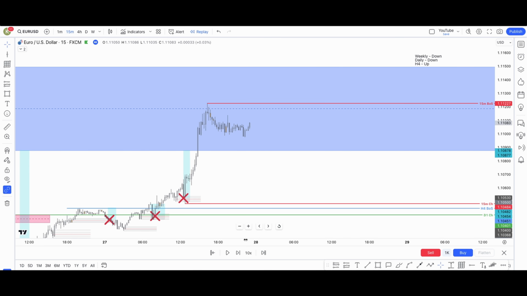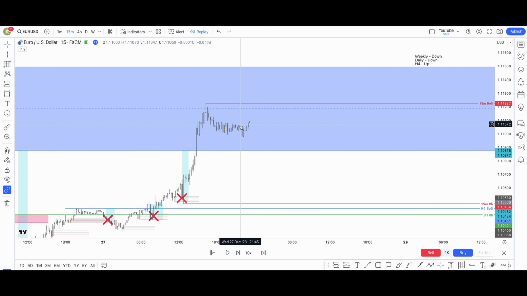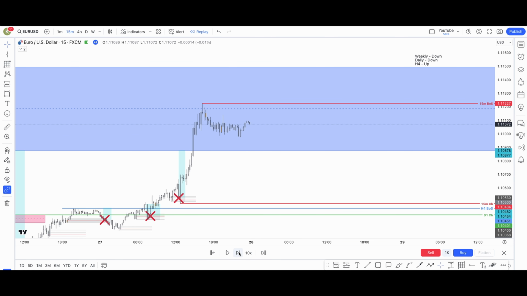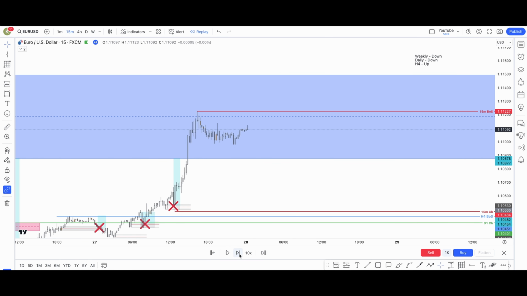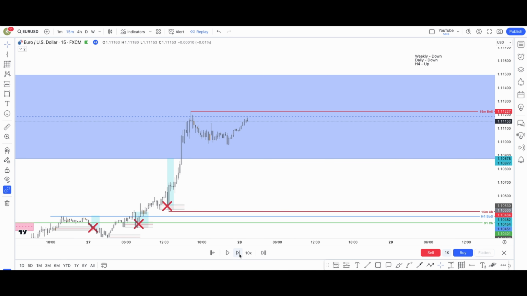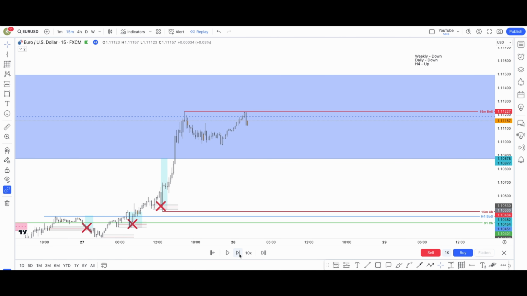There we go, confirmed. There we go, we've now kind of internally again chopped back up. So we could take a trade off that last candle. Pretty much. Oh, would you look at that? Almost a break, not quite a break.